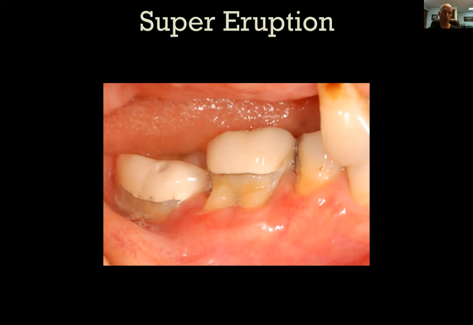Tooth number 2 has now subsequently been removed, and we see that the super eruption of 30 and 29 has led to root exposure. But the gingival margin on those two teeth, interestingly, is more coronal than the gingival margin on the adjacent teeth.